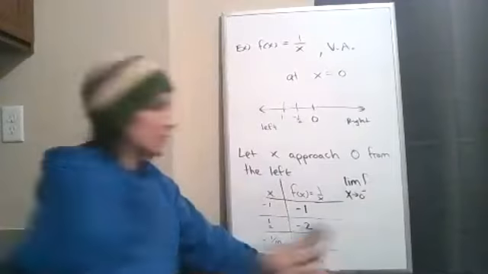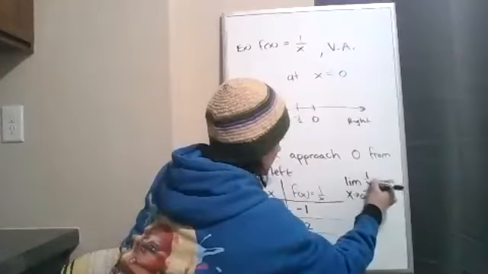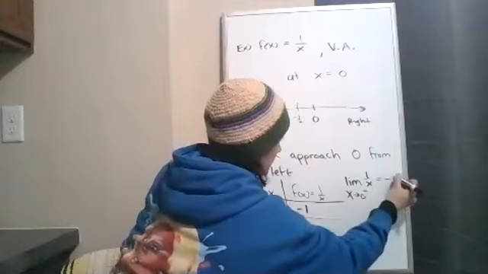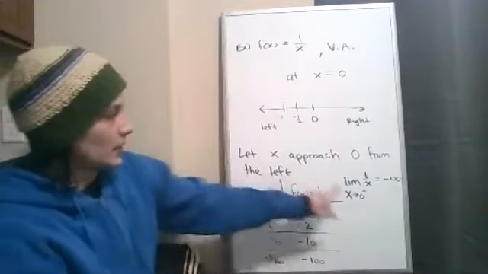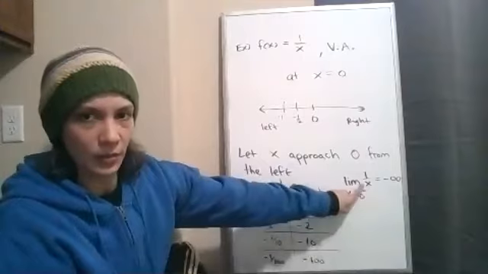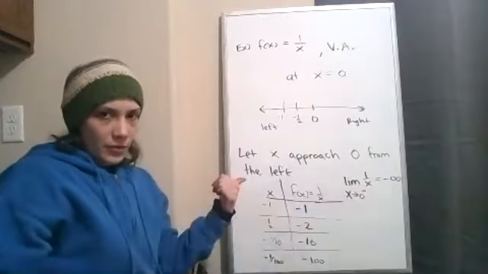Just put 1 over x. As x goes to 0 from the left side, 1 over x is negative infinity. Let's go on the right.